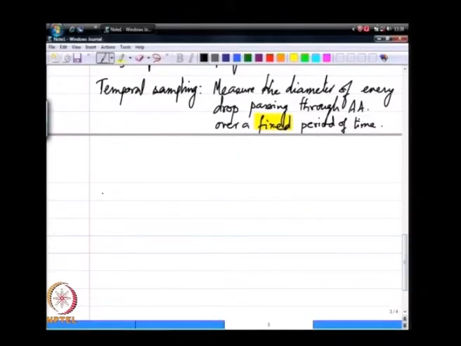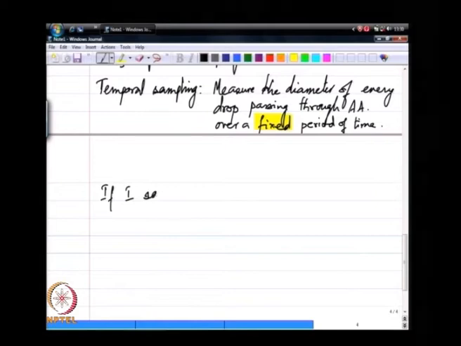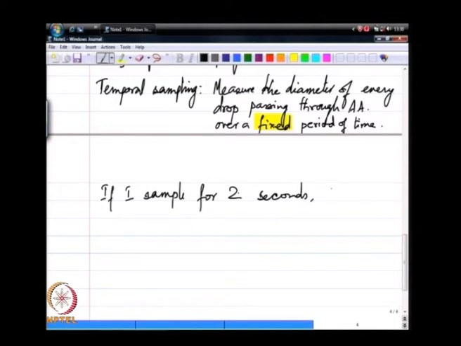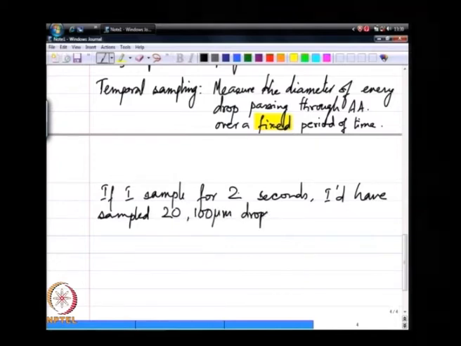Okay. So, what happens if I do this? Now, I know that I am producing 10 drops per second, which means if I sample for 1 second, I will do it, just to move away from 1, if I sample for 2 seconds, I would have sampled 20 100 micron drops and 20 10 micron drops. So, again I can calculate the temporal mean diameter.